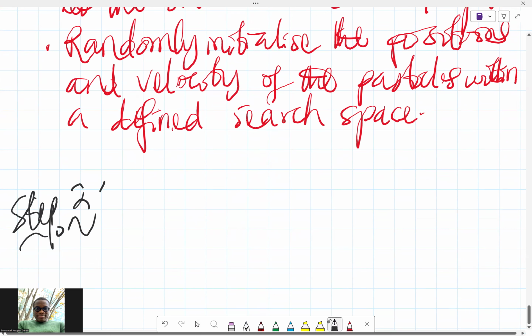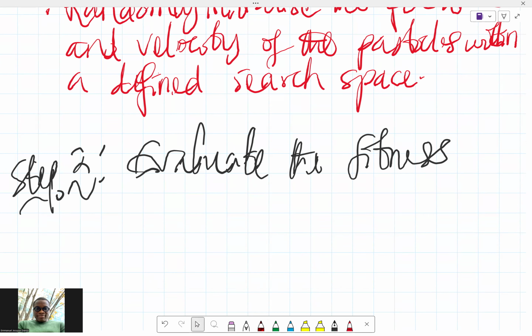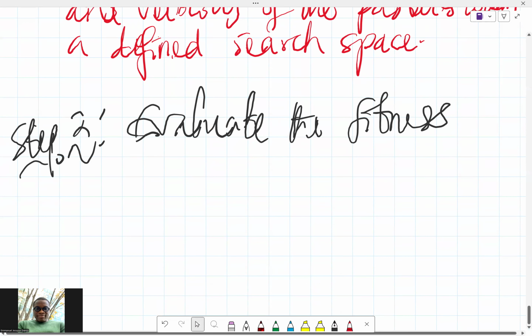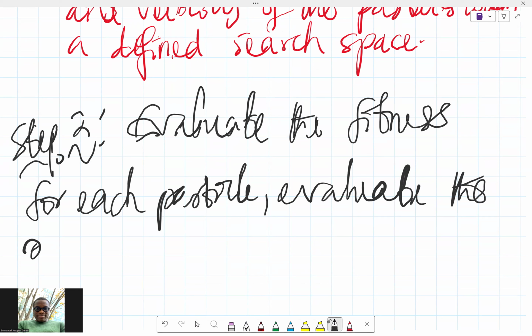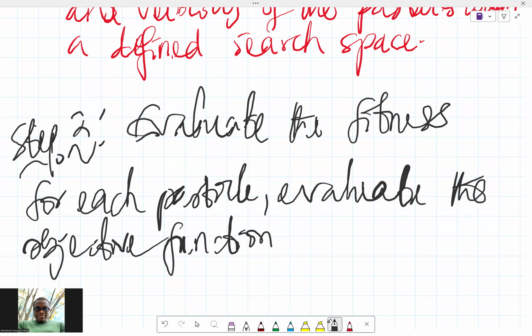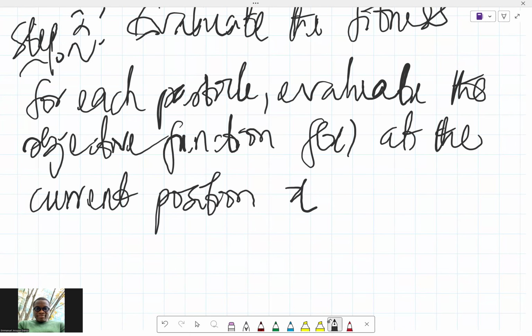Then we have step 2, where we evaluate the fitness. The procedures are the same for most of these algorithms. For each particle, evaluate the objective function f of x at the current position xi.